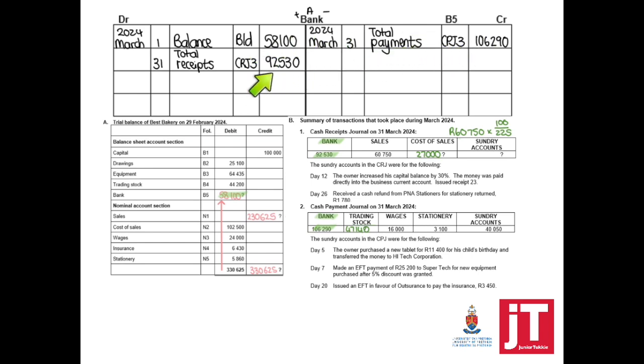For example, the cash receipts journal total, the total receipts is less than the total payments. But because we had an opening balance of 58,100, the debit side is more than the credit side. This means that my new balance is 44,340, means balance carried down 44,340.